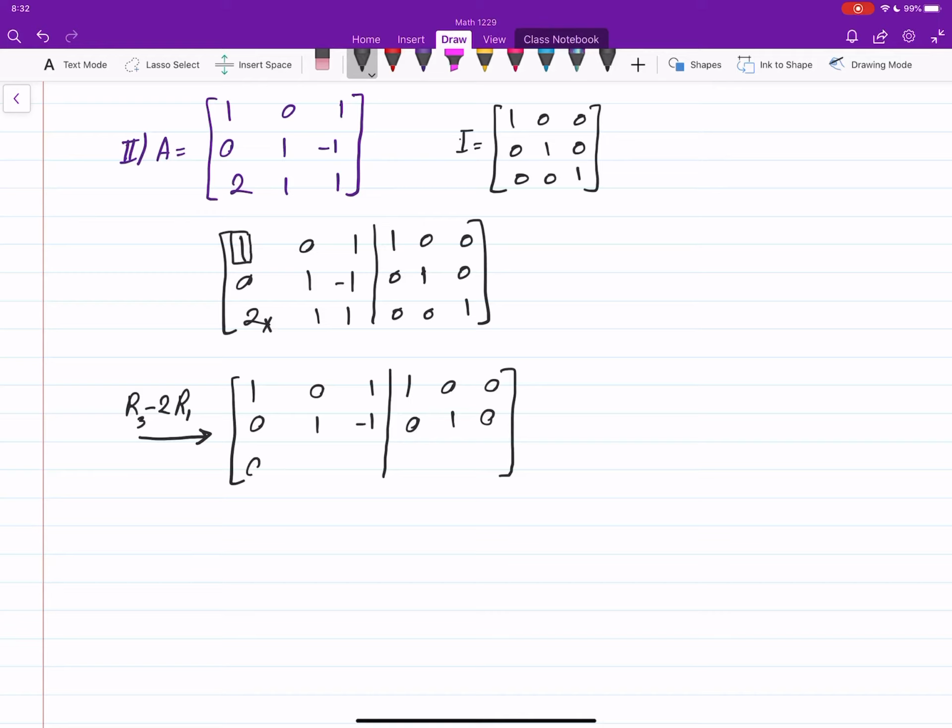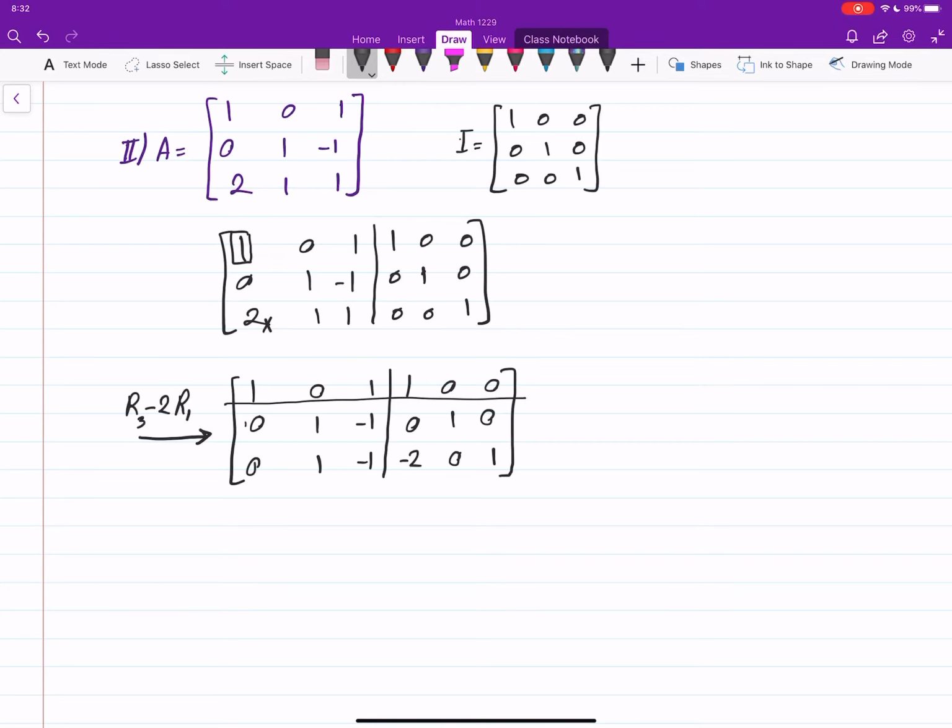Here this is 0, this is 1. 1 minus 2 is -1, and this is negative 2. And what is this one? Here is, well, 0, and this is 1. Very nice. Now we are done with the first row.